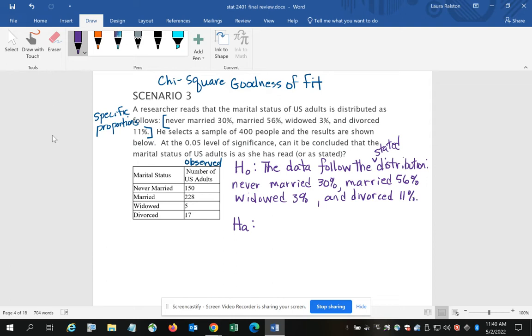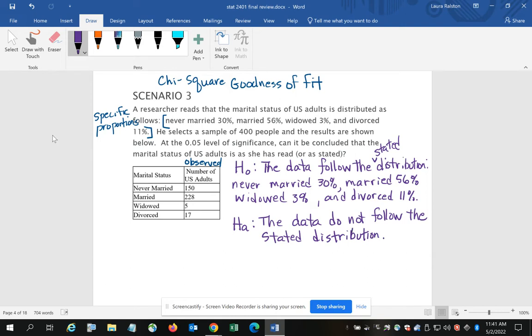Okay, again, remember the null has to imply that it's equal or the same. The alternative would be the data do not follow the stated distribution. And again, you could write it out. I'm not going to for time's sake.